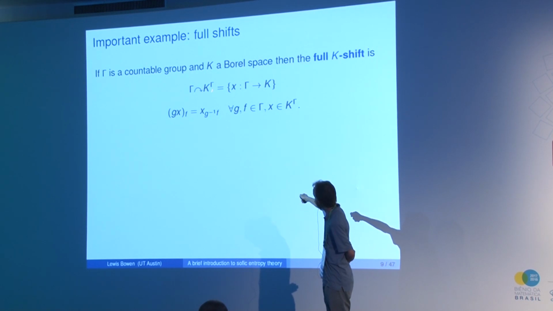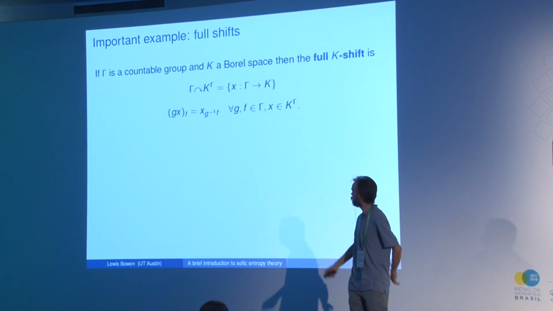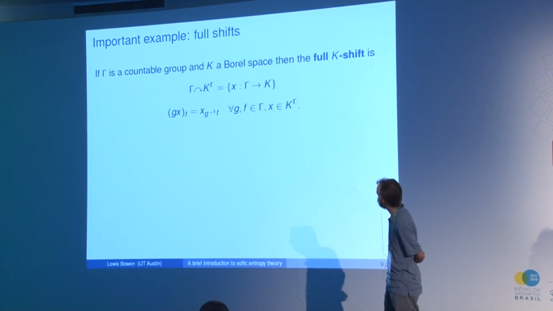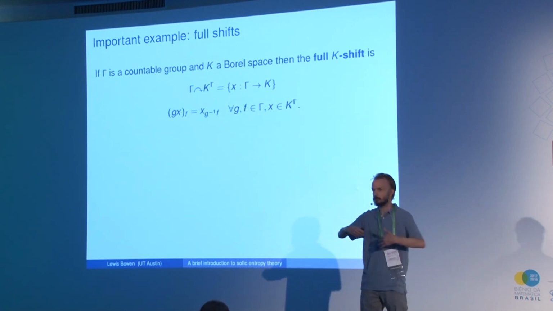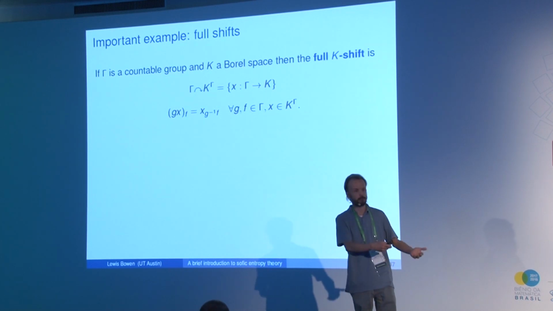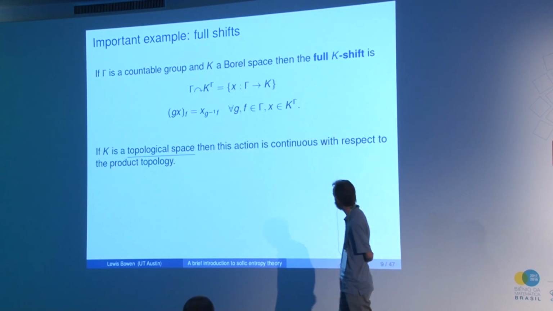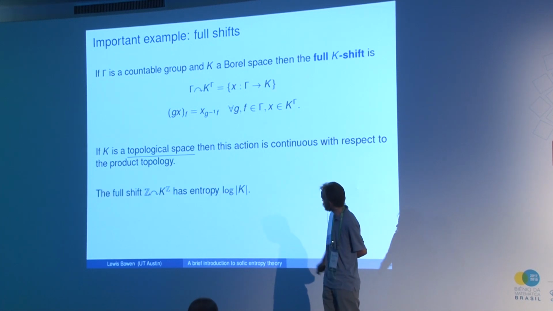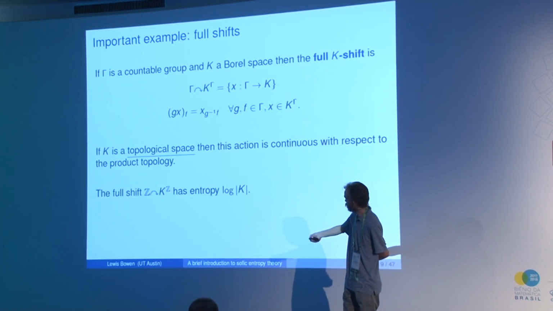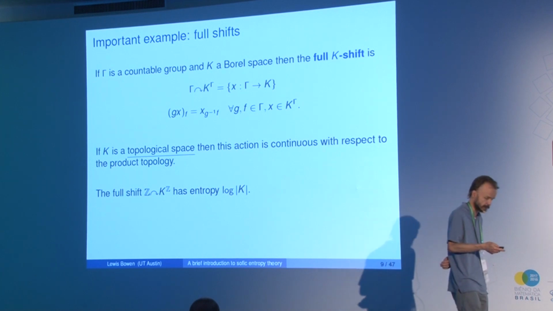We look at all functions from our group to K. You could think of these as colorings of the group by elements of K. And the group acts on this space of functions by just shifting the input, like just translating the input. So if K has a topology, then this action is continuous. And the full shift has entropy log |K| when the acting group is the integers, or in fact any amenable group.